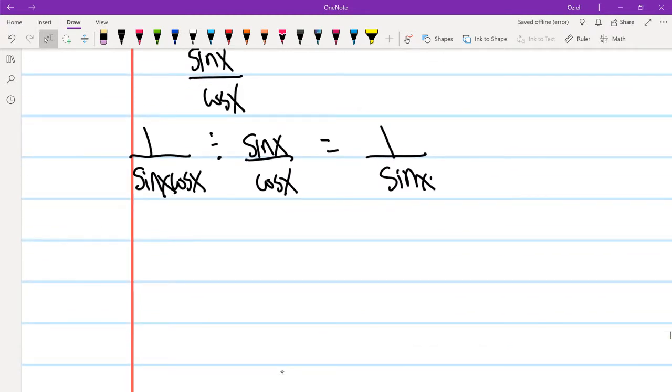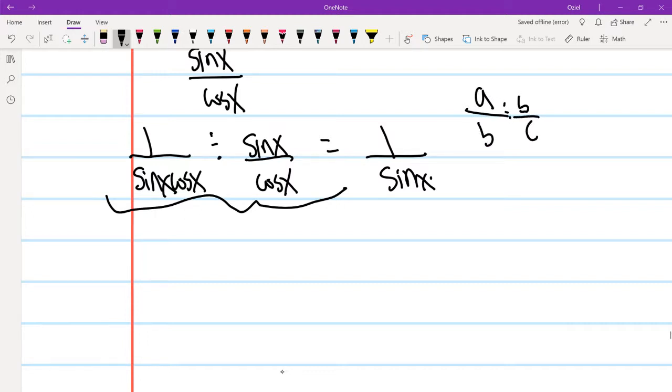And then you would use your rule that says a over b divided by c over d equals a over b times d over c.